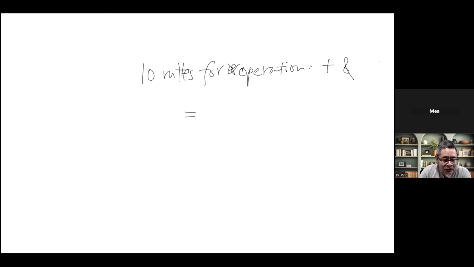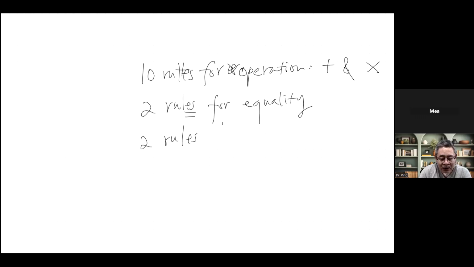Then we have 2 rules for equations, for equality, and 2 rules for inequality. The rules for equality and inequality are that we can either add something on both sides or multiply something on both sides.